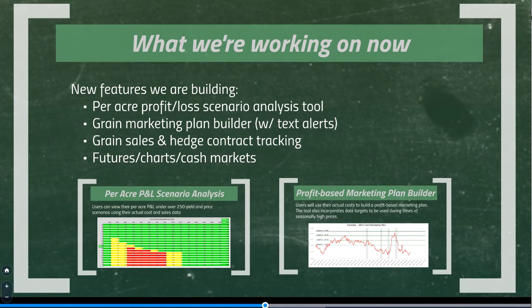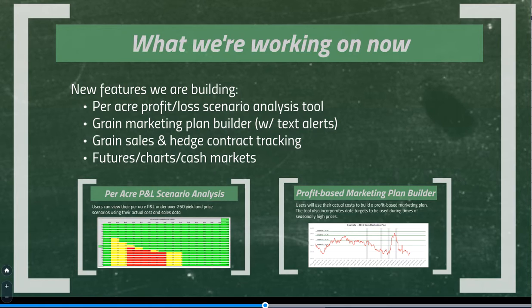The other features we're building, the ability to evaluate decisions across a bunch of different yields and prices. Also putting together a marketing plan builder where you can set profit targets and date targets, to add maybe a little more structure and a little more of a go forward plan.